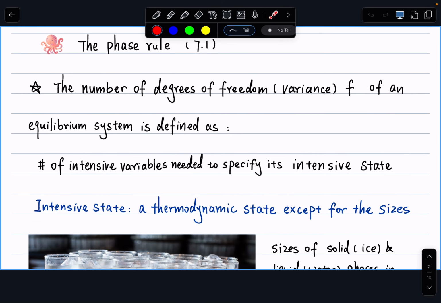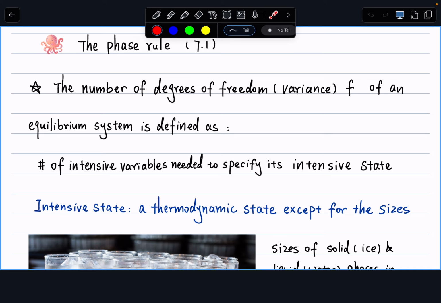All right, and then we'll dive into our chapter 7.1, which is the phase rule. In this part, our goal is to derive a representation of the number of degrees of freedom, or variance. We use a small letter f to represent the degrees of freedom of an equilibrium system.